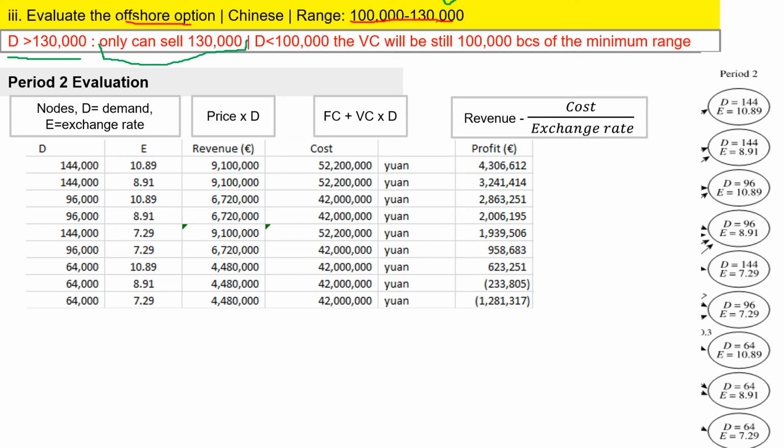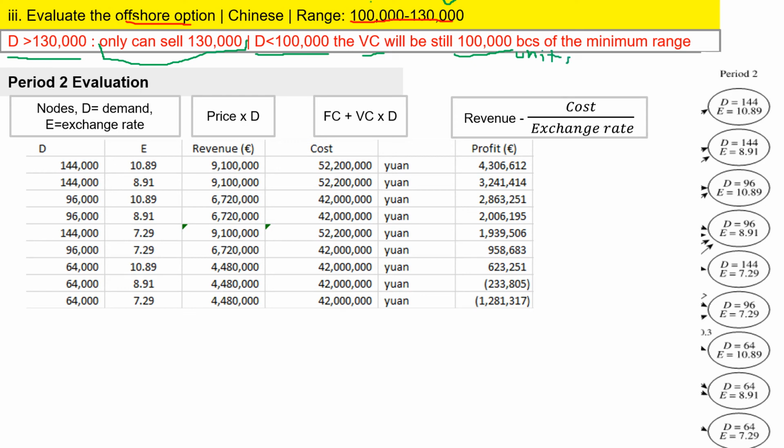And if the demand is below 100,000 units, the variable cost will still be for 100,000 because that is the minimum range of their production.